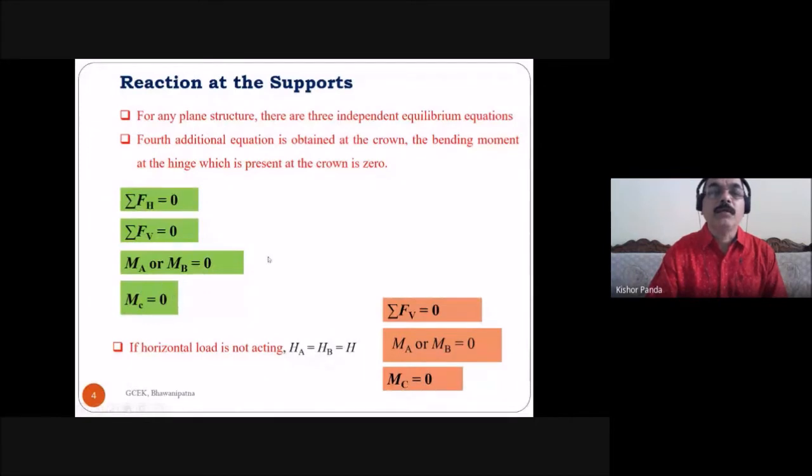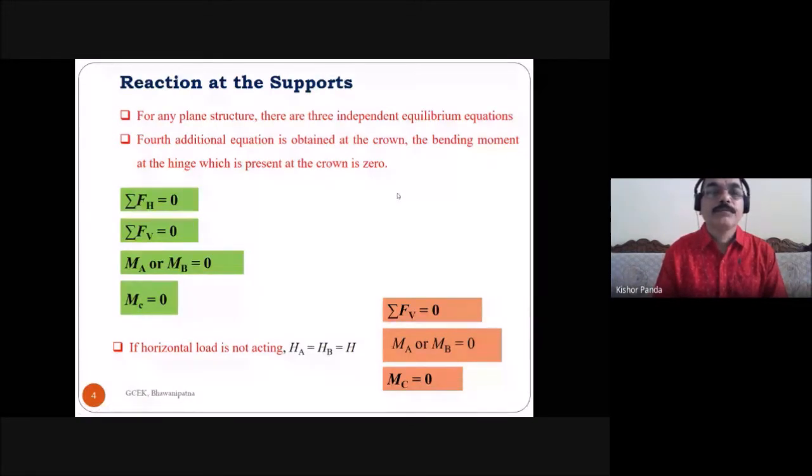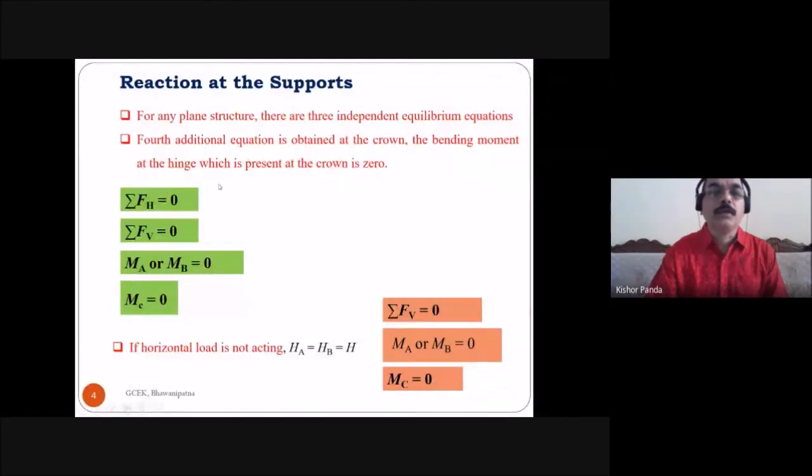The 4th additional equation is obtained at the crown: the bending moment at the hinge, which is passing at the crown, is 0. You get the 4th equation by taking the moment at the crown equal to 0.